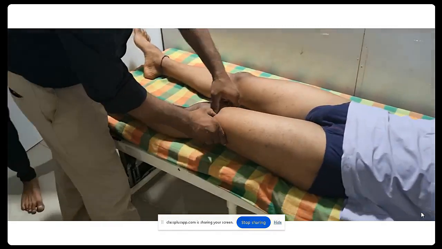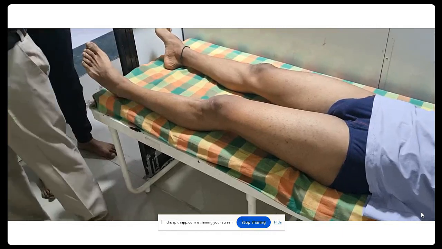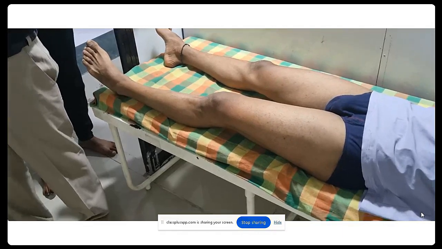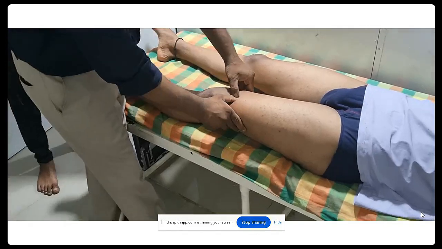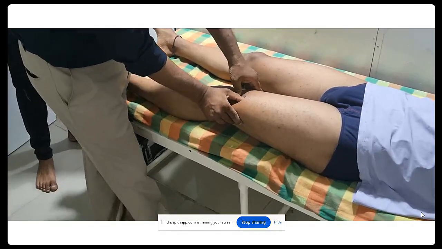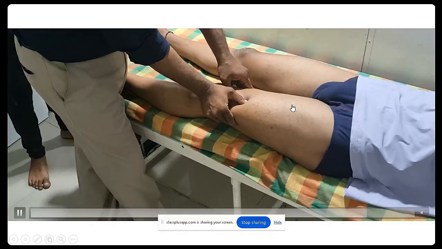Now I will go to some deeper fascia. If you have seen, I have gone step by step from superficial, medial, and now I will go more deep. So you are going to see more clear muscle movement, fascial movement above my finger.